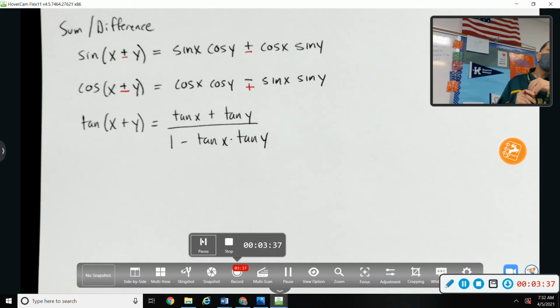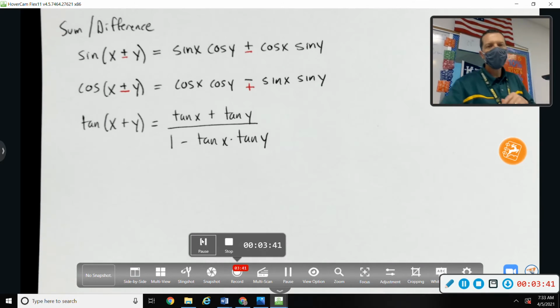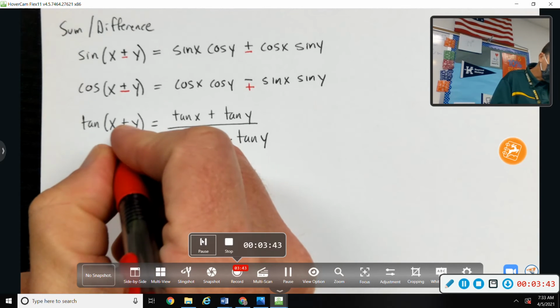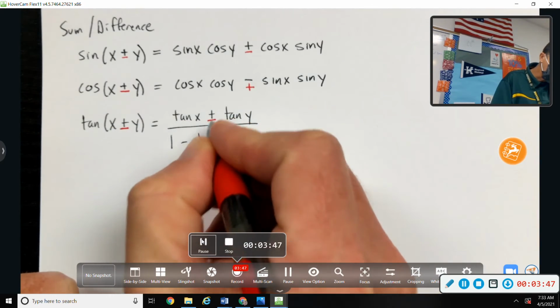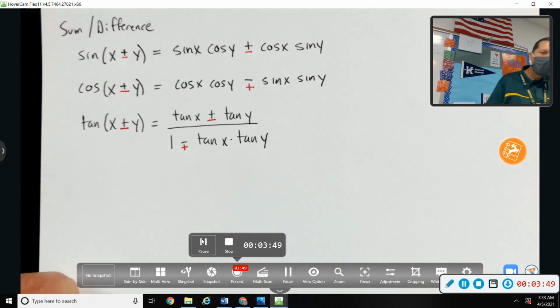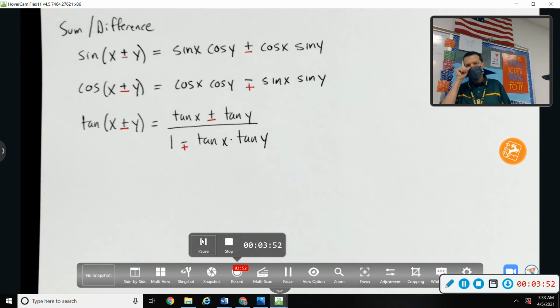And again, we can do the little shortcut with the signs, the plus and minus things. If it's x minus y, then we just change all the signs. Again, the first time we did that, we wrote 6 separate formulas. Now I've condensed it into 3. Use it however you want. Just be careful if you're using it in this way.